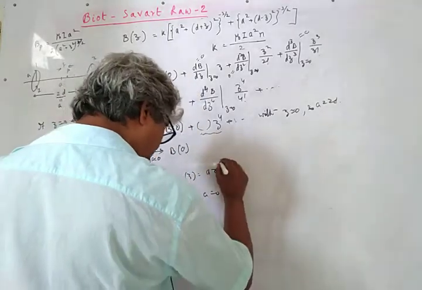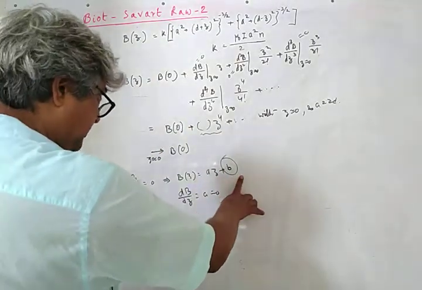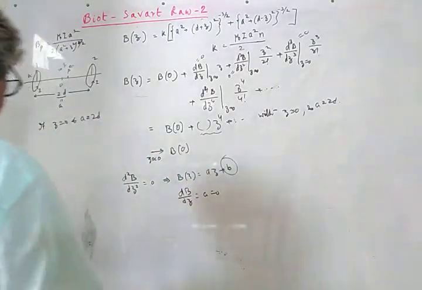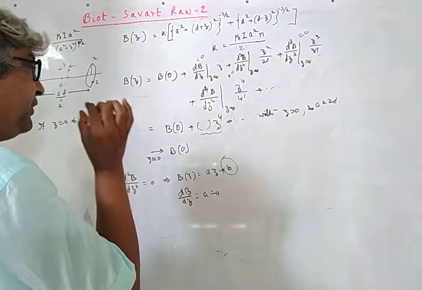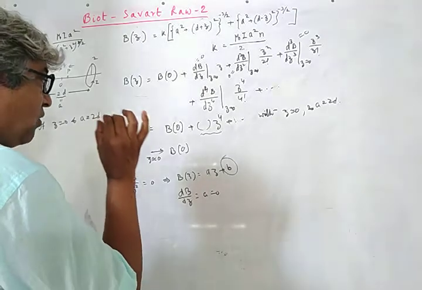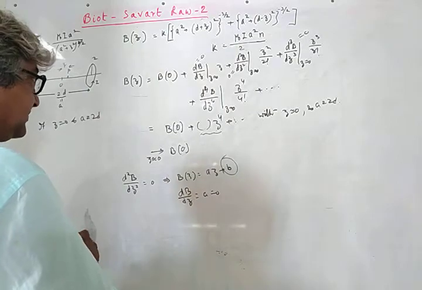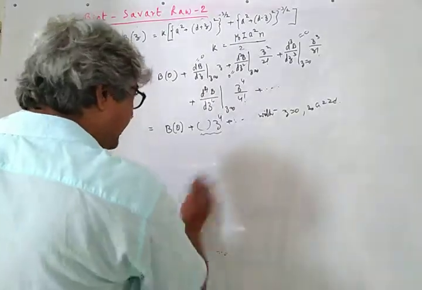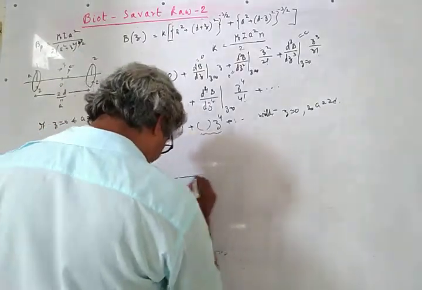So the field is only a constant part B. This is a second order theory, and this considers even higher order theory. So we see that if we want to find a field which is uniform over a region, one must have the first derivative as well as the second derivative of the field to be 0. In that case, the field distribution becomes like this.